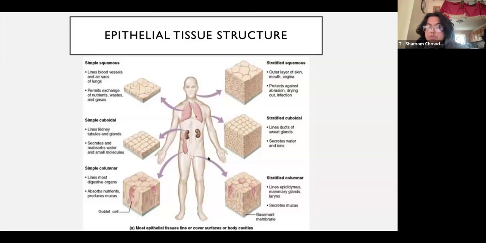Simple columnar is in most digestive organs. They help produce mucus. Mucus is important because it helps prevent any extra acid or anything negative from getting absorbed in our body. It also helps with absorbing nutrients. And then stratified columnar helps line the epididymis, mammary glands, and the larynx, and it also helps secrete mucus.